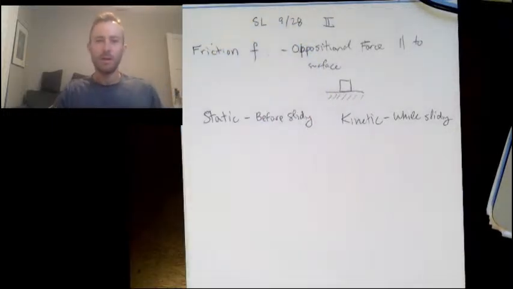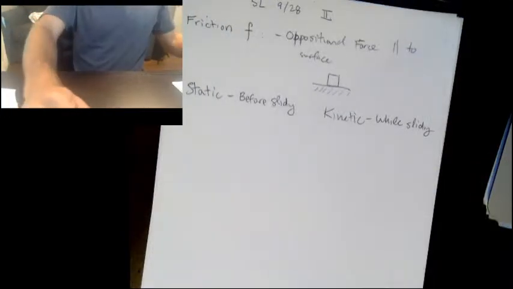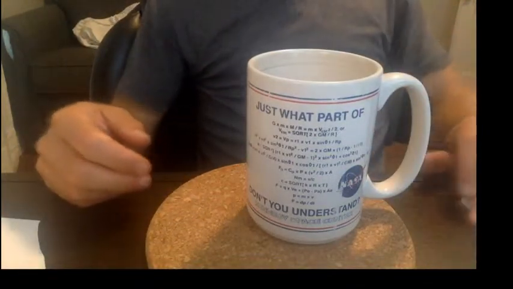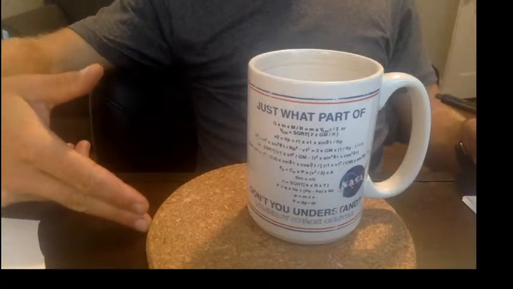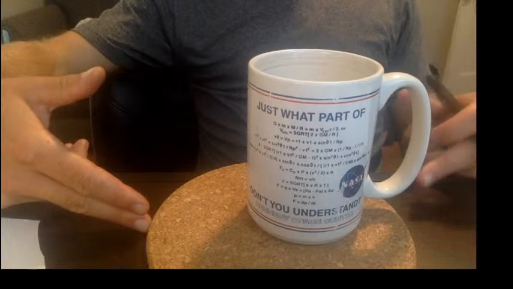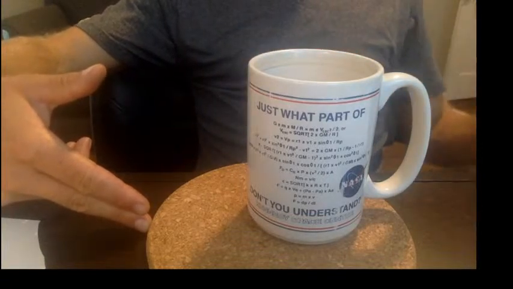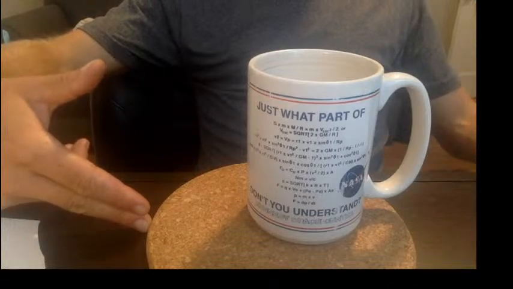Okay? So let me give you an example. I'm going to tilt my table down. And so I've got my coffee mug on a coaster. Okay? Now I'm pushing on the coaster right now, but the cup is not moving. So because the cup is not moving, I'm pushing and static friction is fighting against me.